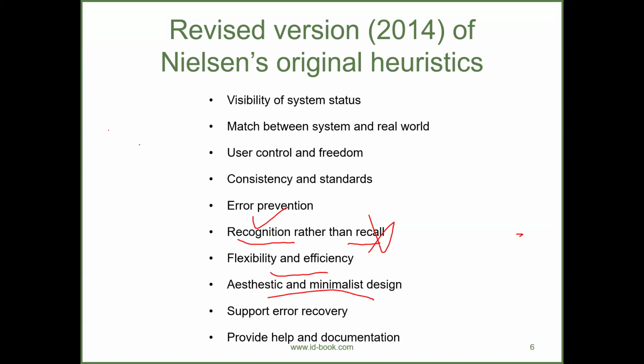Aesthetics and minimalistic design. What does it mean? It means that we should not have so many designs in the website. We want to have a limited number of designs, and each design actually is conveying some work progress. For example, when you click on a button, you might have some kind of feedback to the user saying that the button is clicked or the system is in progress.